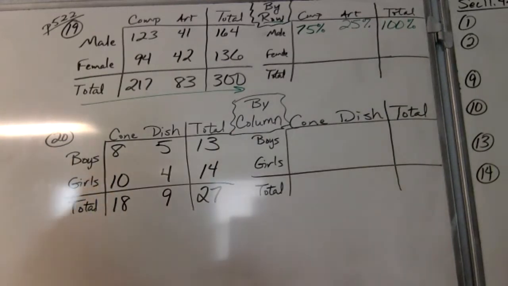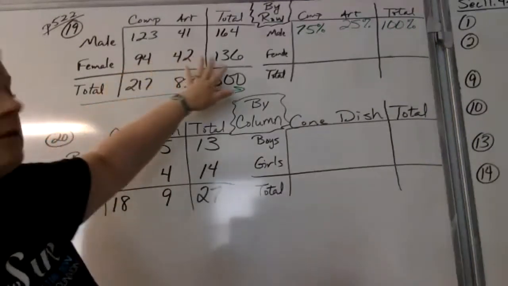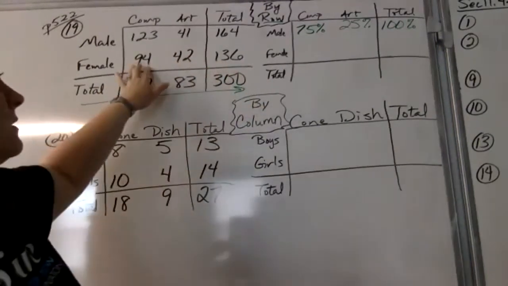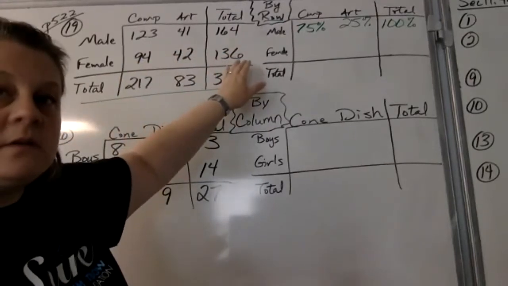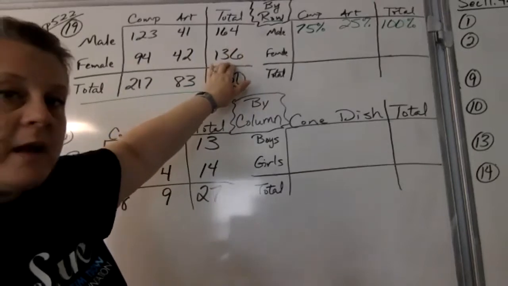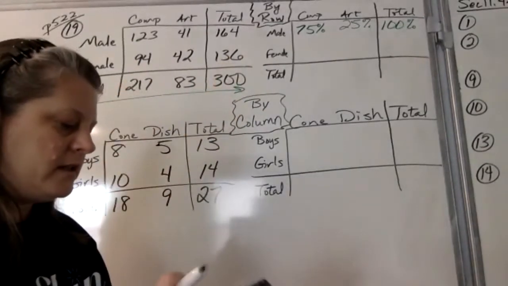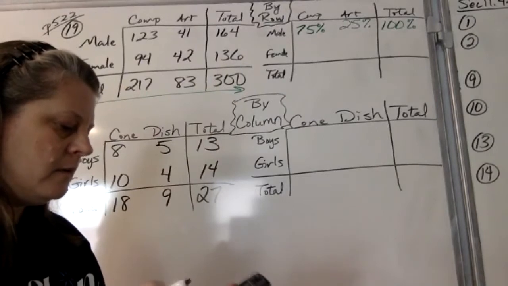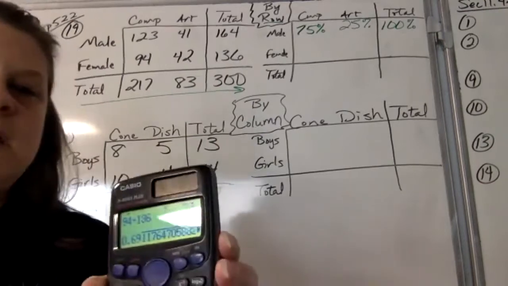So now the next one. We're talking about the females. So we're looking at the number of females who did the computer out of the total females. So this is what we're gonna divide by for this row. So you're gonna take 94 divided by 136 and get your little decimal. Now on this one, it's a big long decimal.